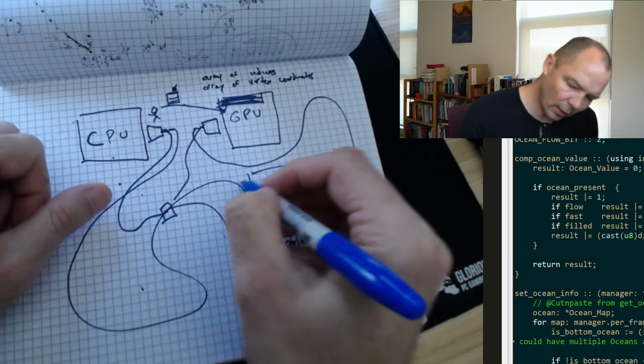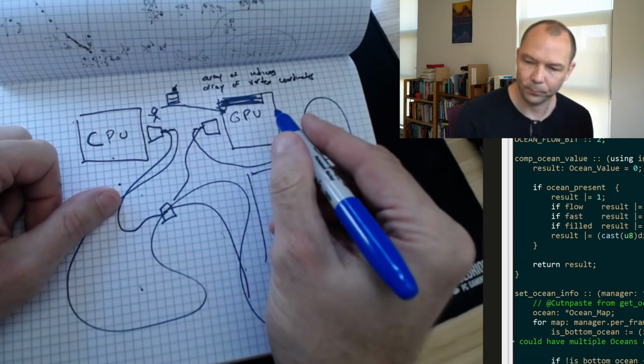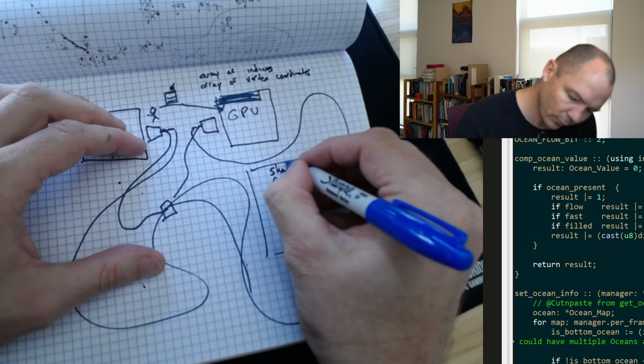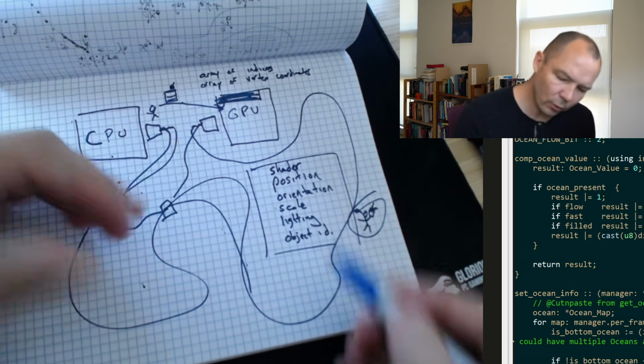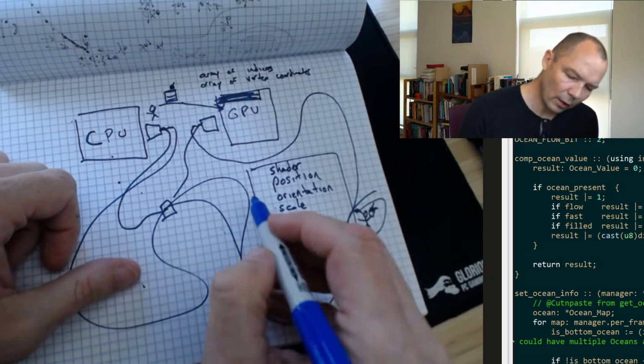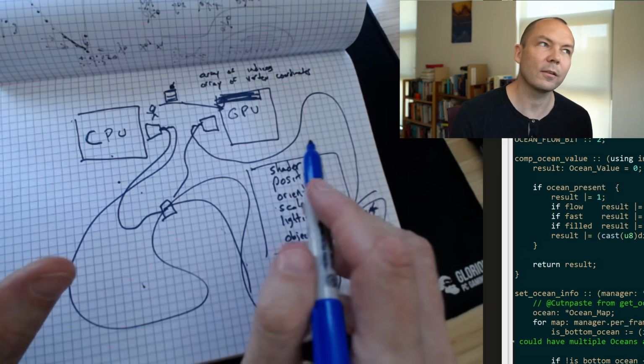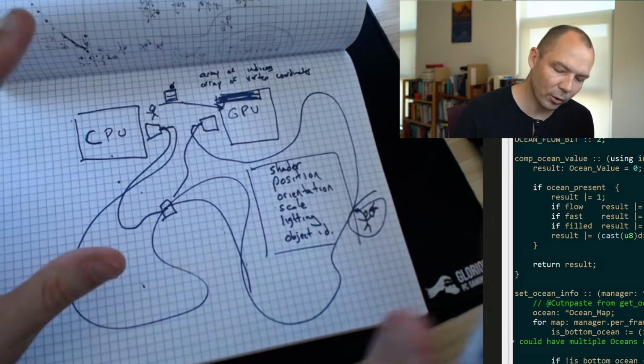So this is the data that gets sent over the wire. Oh, also like what shader are we going to use to draw these things? That information goes over the wire, and you don't actually say the shader, you set up the shader, whatever.